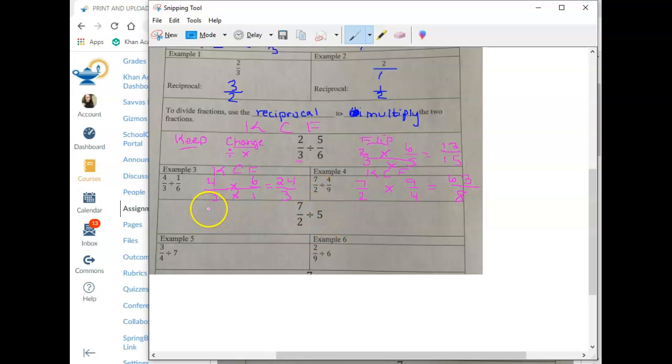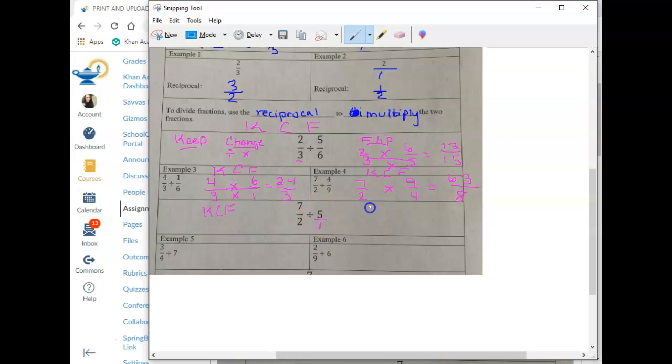All right, guys, let's go to this last one. Keep, change, flip. I see 7 over 2 divided by 5, and I'm just thinking keep, change, flip. Now, here's the thing to remember with these type of examples: when it's just an integer, remember that the 5 is over a 1, right? So we'll do the same thing.